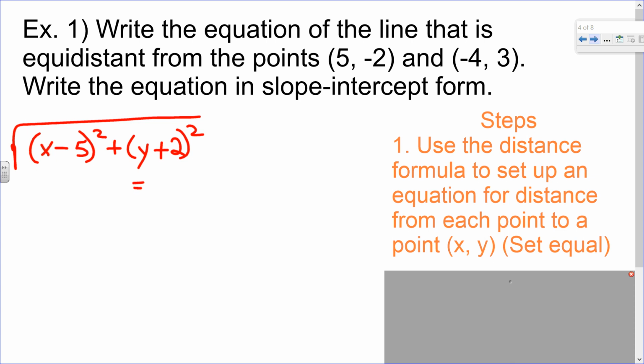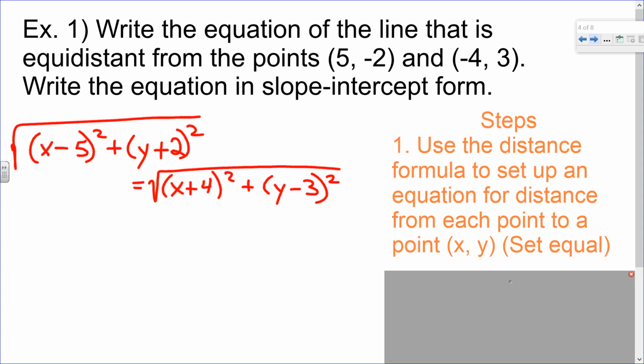That must be equal to the square root of x minus -4 squared plus y minus 3 squared. We must have the square roots in there to say the distance for one is the same as the distance for the other. If you don't put the square root sign in there, you haven't said the distances are equal. We are then going to get rid of the square roots as we go on, but does everybody understand why that's the setup that we need to start with?